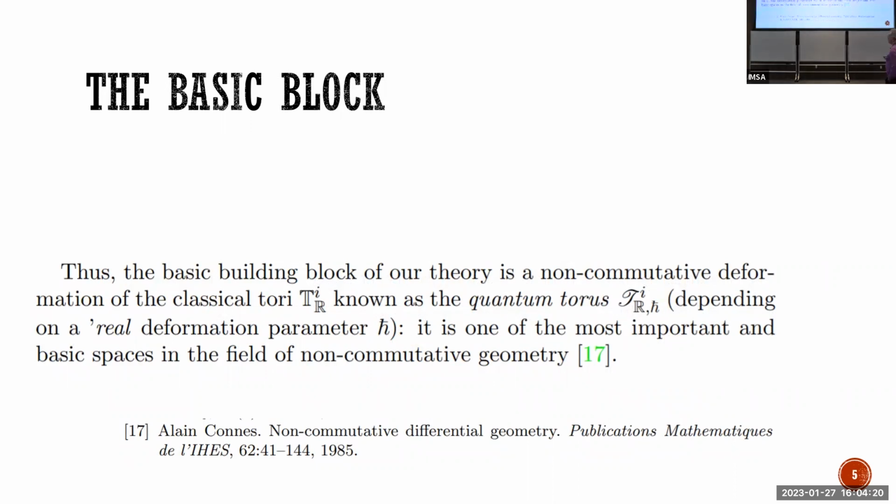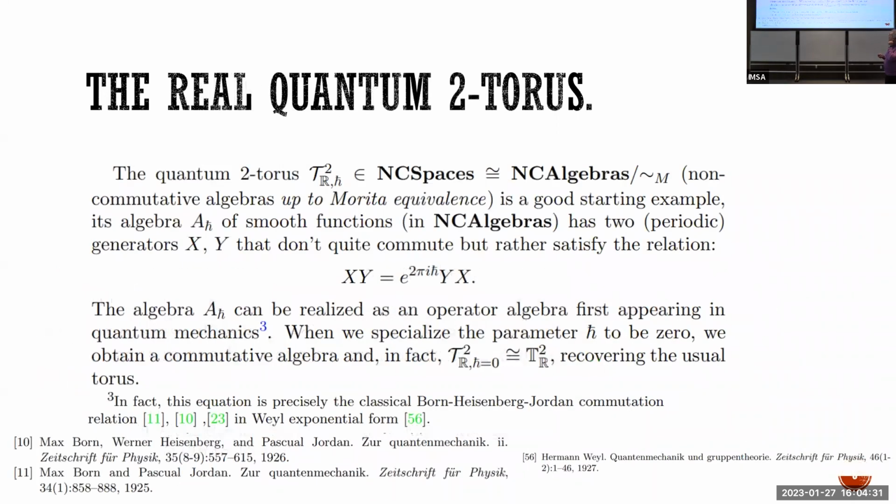And this acquired this name in a 1985 paper by Alain Connes, very classical non-commutative differential geometry. So what is this? Well, in a conference like this one, people will immediately identify the quantum torus as a non-commutative algebra. In that non-commutative algebra, h bar is a real number. In physics, traditionally, h bar is a very small real number, but in mathematics, not necessarily so.